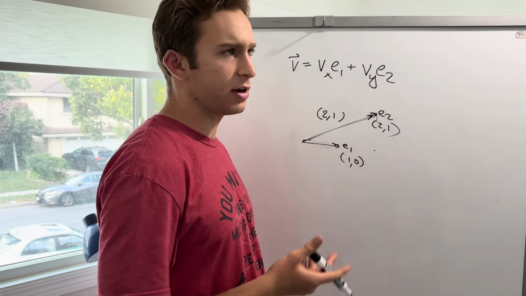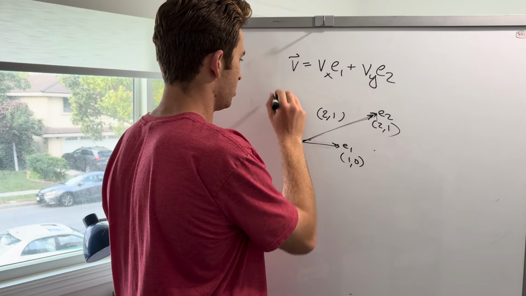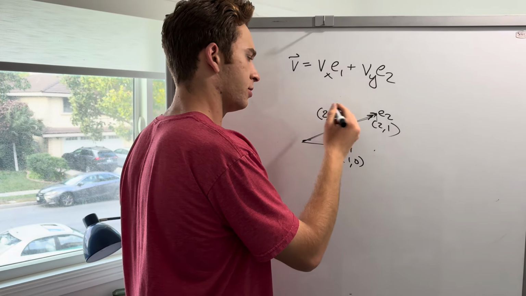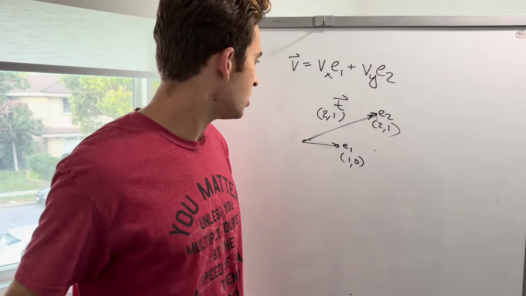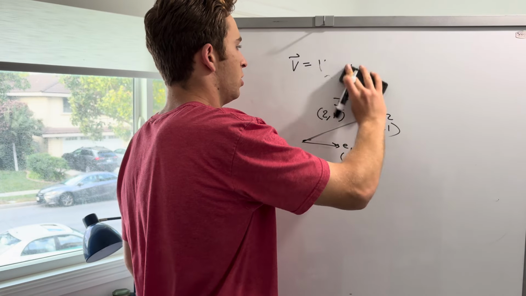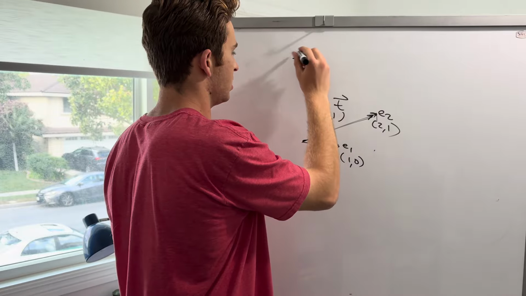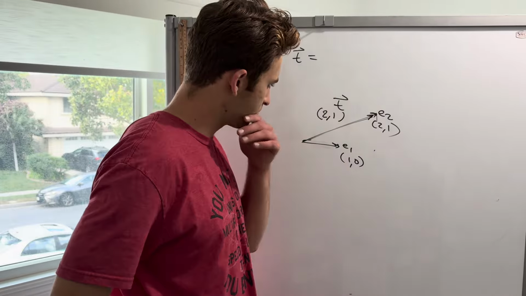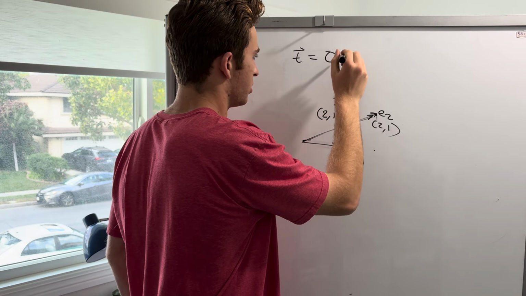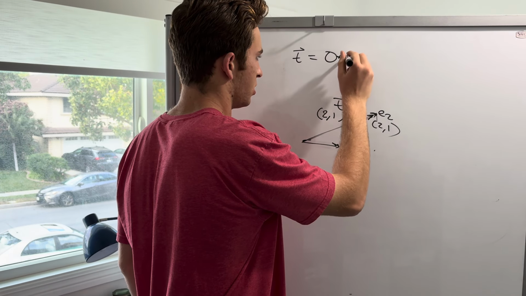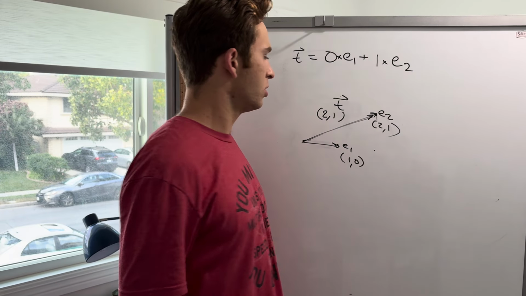How could we express the vector 2, 1? Well, we'll call this vector lowercase t. We're going to say that t is equal to 0 times E1 plus 1 times E2.